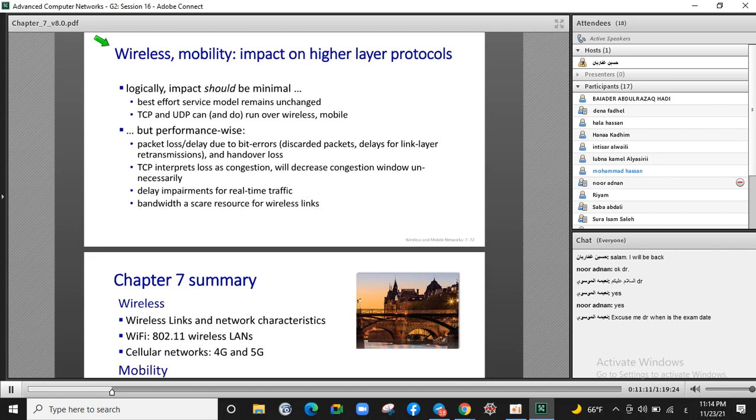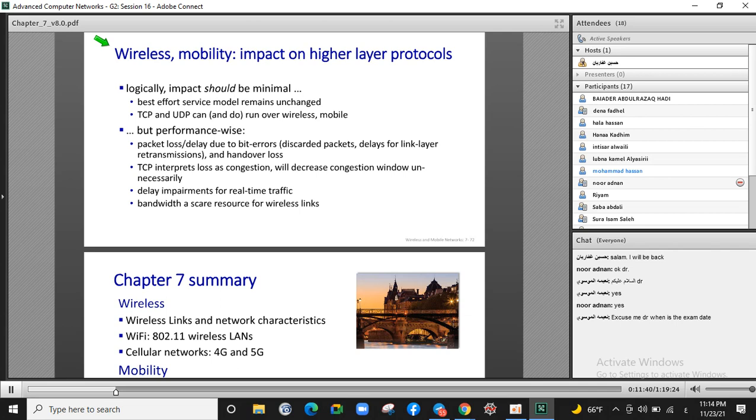But when we talk about mobility, please pay attention to this. When we talk about mobility, we always think about something that happens in lower layers. That's true. Because when I'm moving from one network to another network, I just change my network.